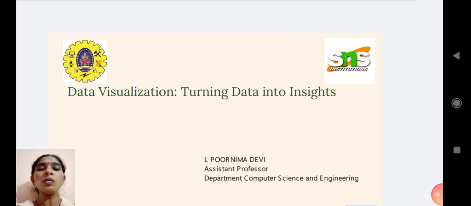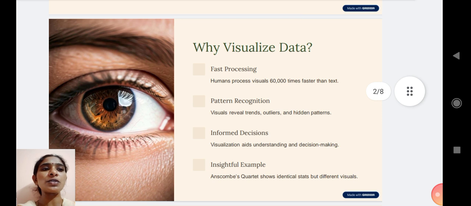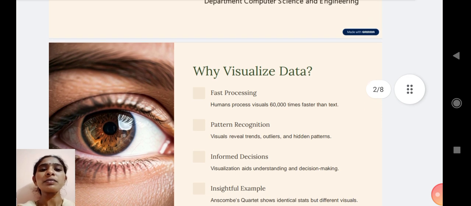So now I will discuss what data visualization is and why we use data visualization in industry and other organizations. Data visualization is a process used to visualize the raw data which we have gathered from structured information.